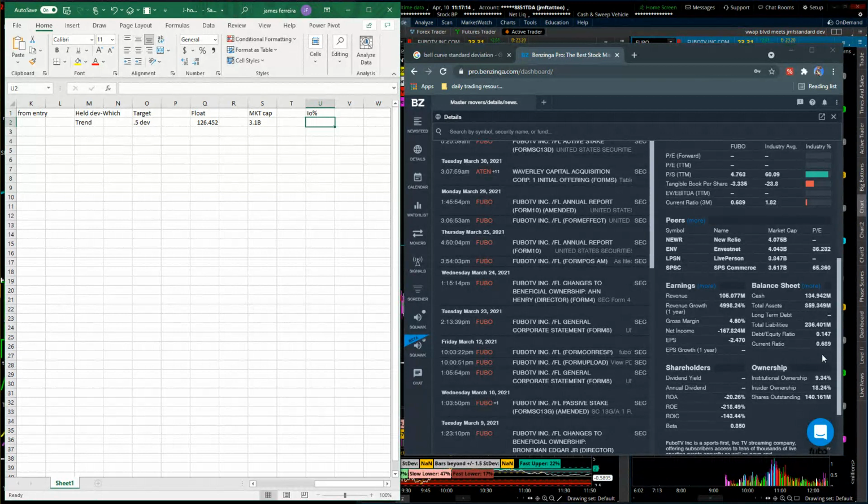Sorry for anybody that's heard it 1,000 times, but on a small cap stock with a low float, if you have a high institutional ownership, you have large money traders in there that can really, really move the stock around and do what they want with it.